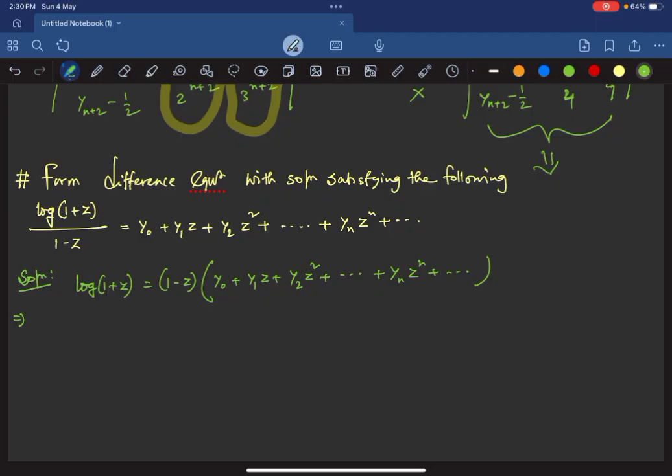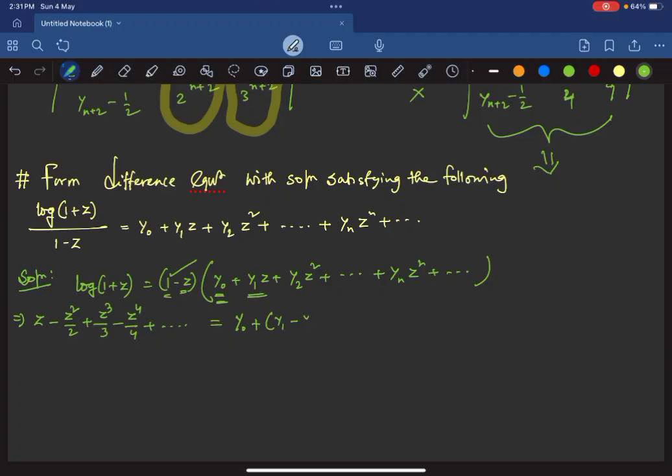Now log(1 plus z), we have that formula: z minus z square by 2 plus z cube by 3 minus z power 4 by 4 and so on. And from here, if you consider this multiplied form and write it properly, the constant term is y0, this one multiplied with this one. Now this one multiplied with the second term we have z, and this one multiplied with the first term we have z.